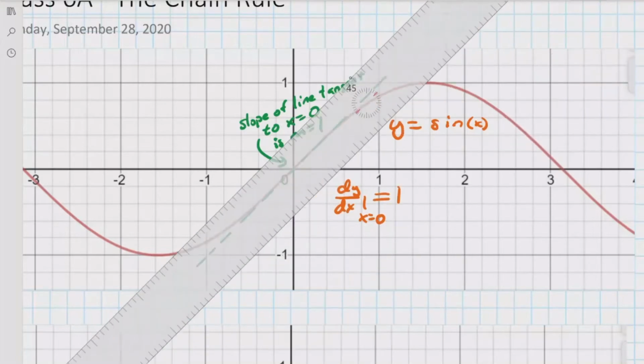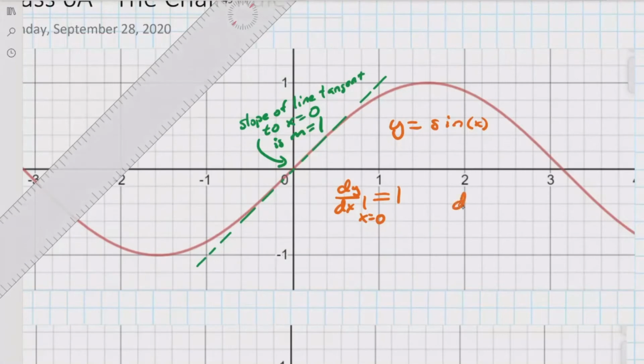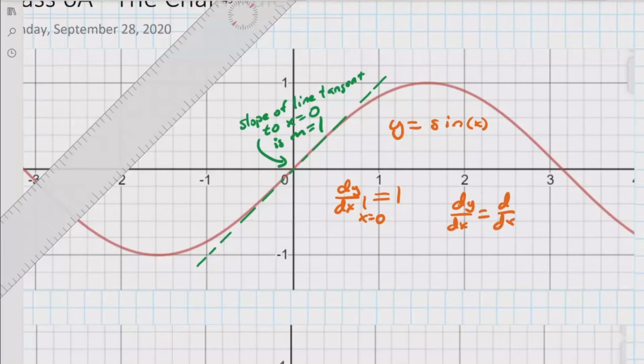And I can work that out as follows. dy over dx equals the derivative d over dx of sine of x with respect to x, which equals the cosine of x.